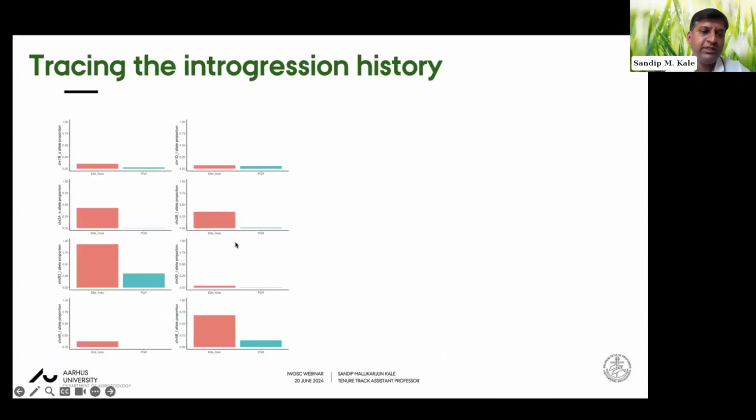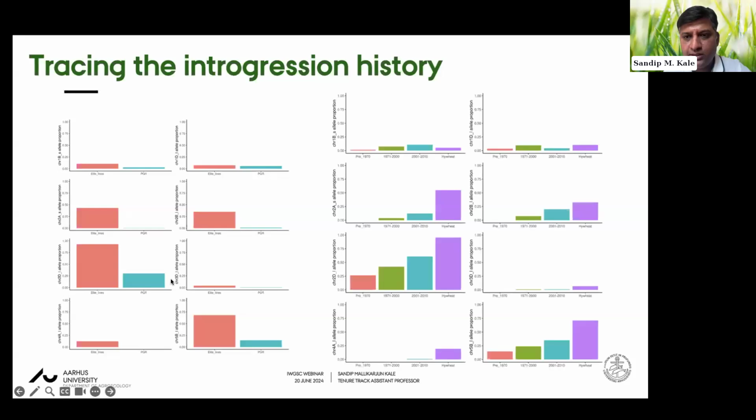By this analysis, we identified 8 introgressions, and we studied the frequency of those introgressions. As expected, those introgressions were present in high frequency in elite lines compared to the plant genetic resources.